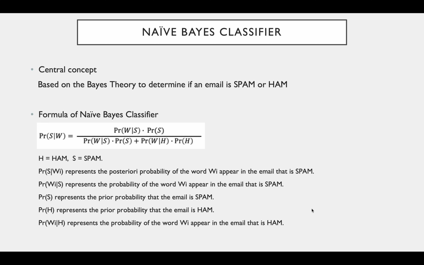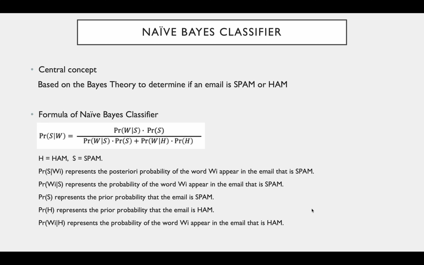And then the probability of S represents the prior probability that the email is spam. Then the probability of H represents the prior probability that the email is ham. And last, the conditional probability of Wi given that H occurs represents the probability of the word Wi appearing in an email that is ham.